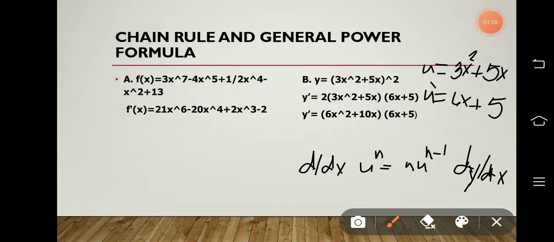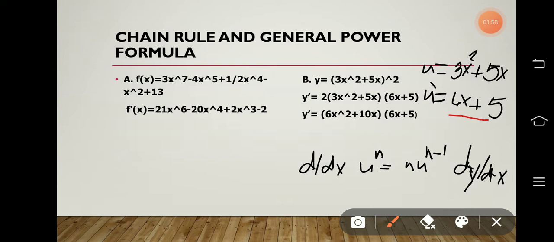The second equation is y equals the quantity 3x squared plus 5x, squared. Let's get the inner term, which is 3x squared plus 5x, and its derivative, which is 6x plus 5.